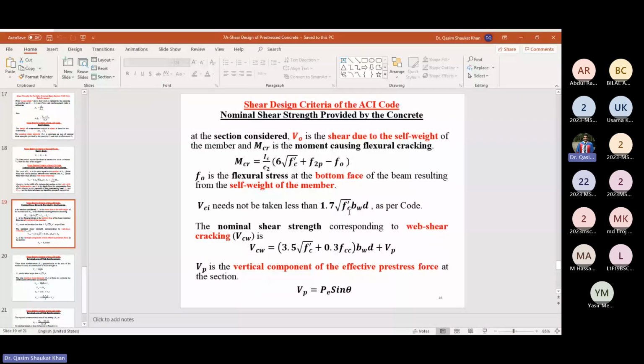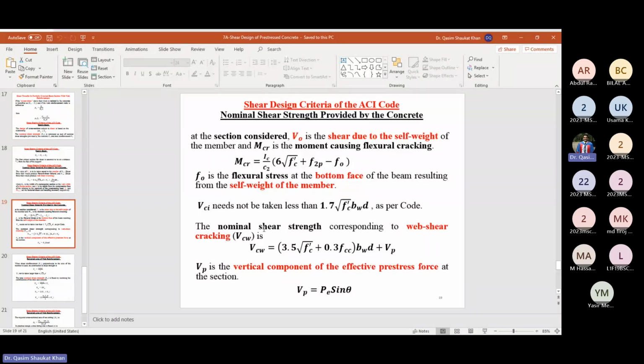So the minimum value of VCI is 1.7 under root FC prime BWD. Everyone, please note down this point that VCI need not be taken less than 1.7 under root FC prime into BWD.